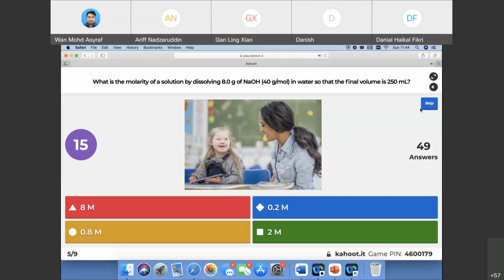Okay, 15 seconds left. Berapakah molarity sodium hydroxide jika final volume 250 mil?